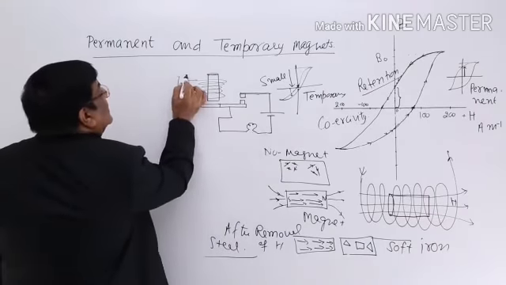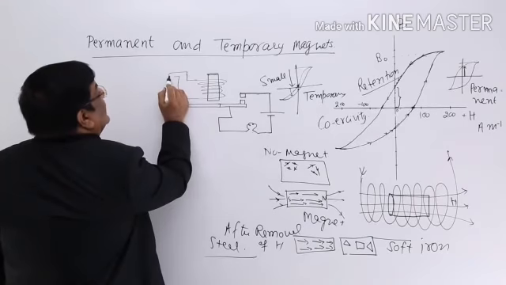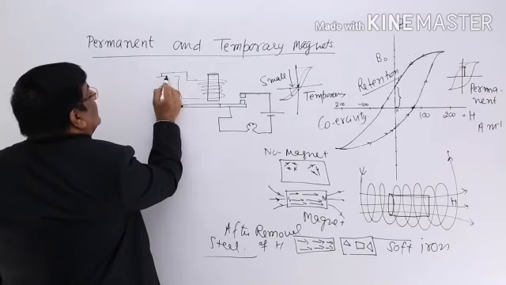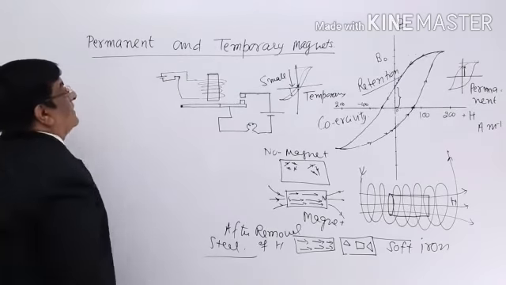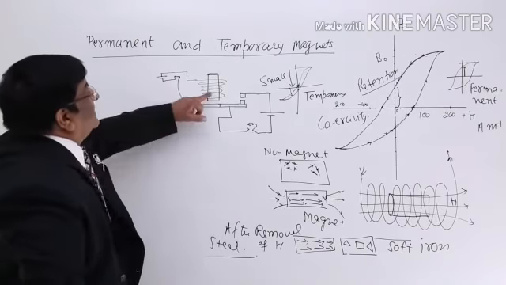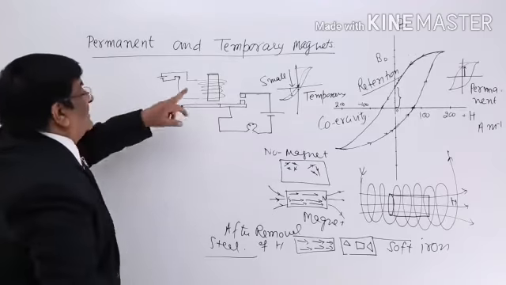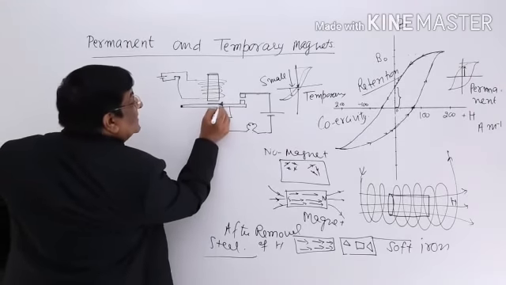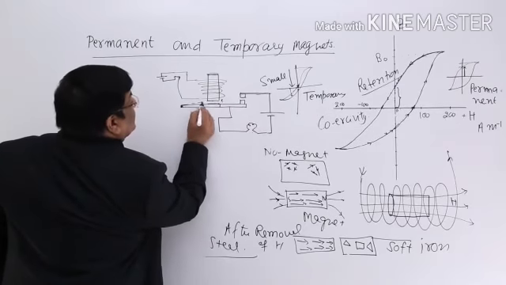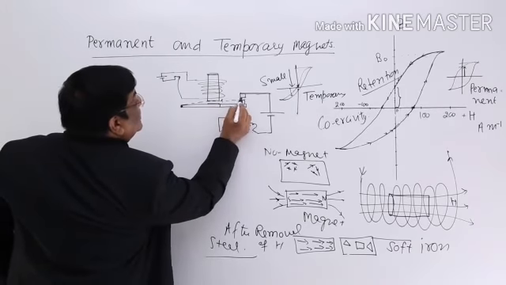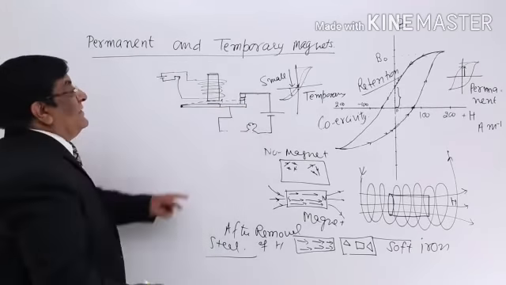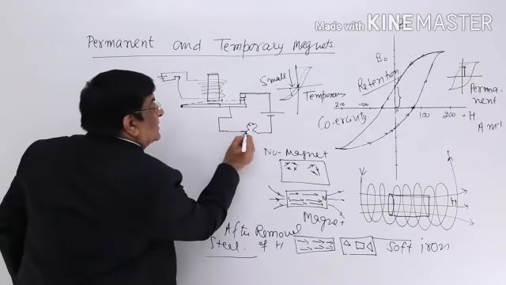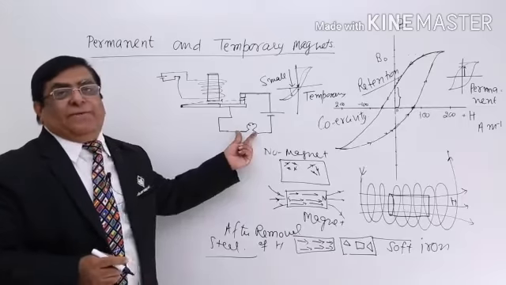If I flow current here, this will become a magnet and it will attract the switch. The moment it attracts, it goes up, they strike each other, the switch is on, and this bulb or motor or machine starts working.